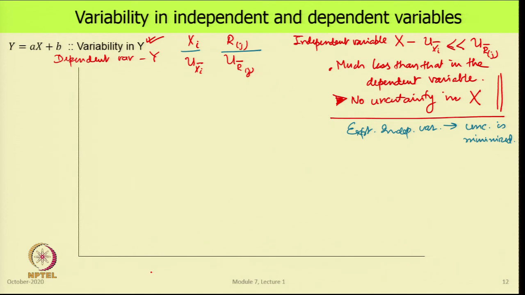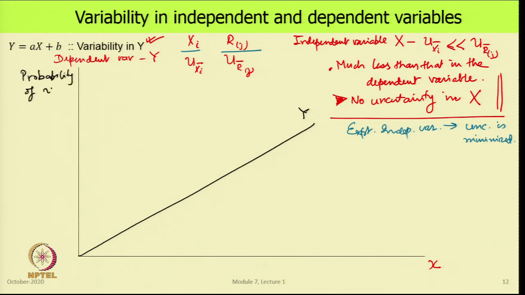So, here is what it means. Here we have x and we will make a plot where we will plot y on this axis. So, you look at it as a 3-dimensional plot, and on this side is the probability of y. And what we do?